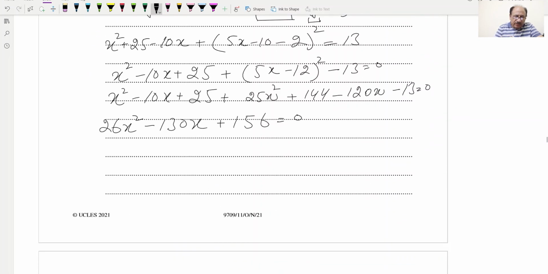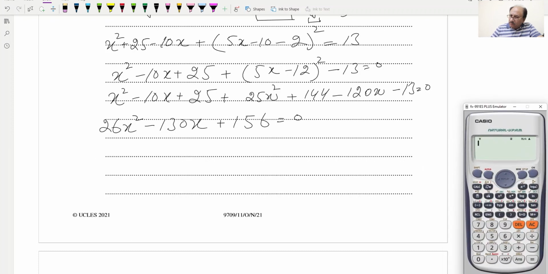In terms of x, we can take 26 common. Otherwise, directly we can use the calculator in mode 5 3, with 26, minus 130 and 156, and it will give us 3 and 2.